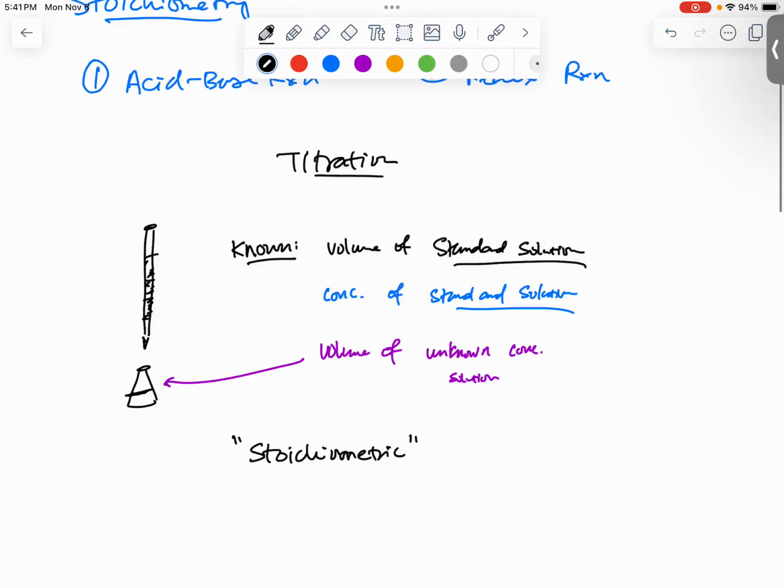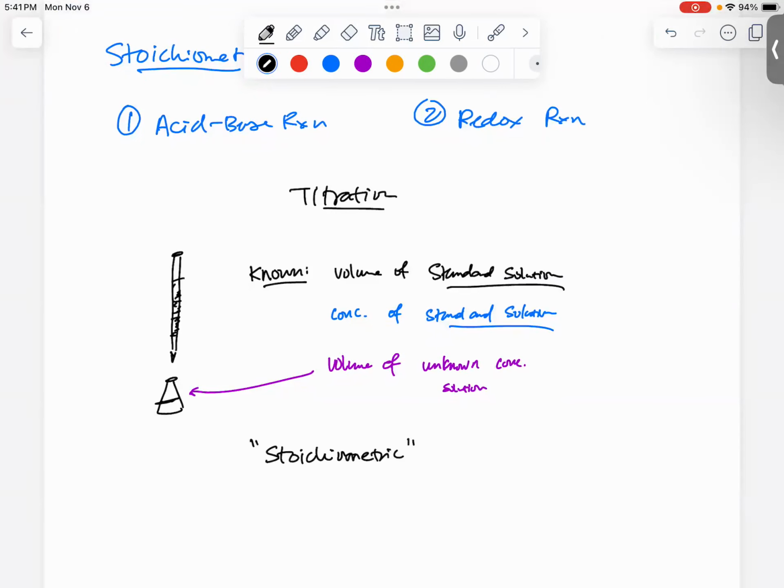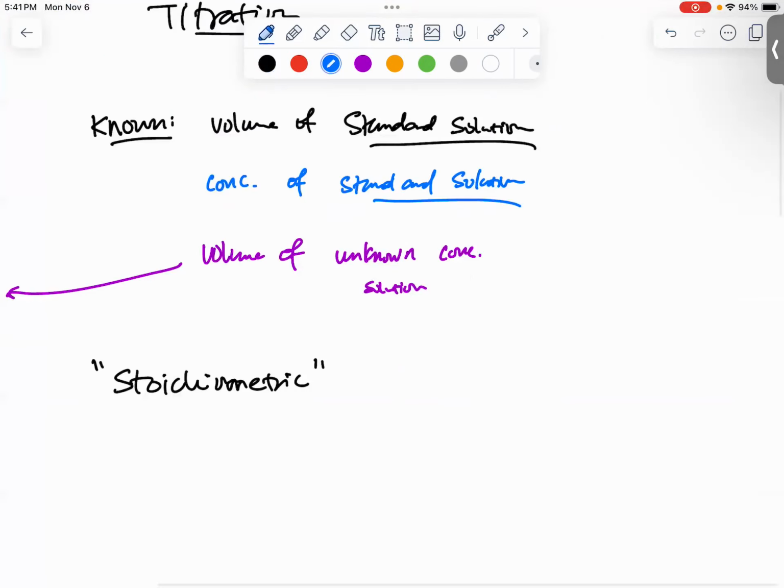Now, as I mentioned a little while ago, I talked about the word endpoint, so let me throw those words here first. We have endpoint, and we also have the word equivalence point. Which one is which? It's a little bit tricky.